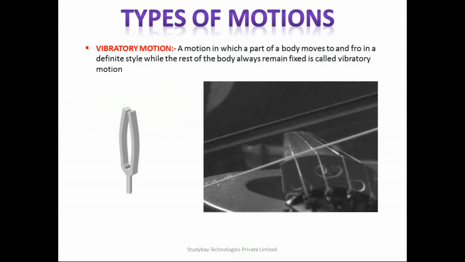Then we have something called vibratory motion. It's a motion in which a part of the body moves to and fro in a definite style while the rest of the body always remains fixed, and that's called vibratory motion. On the extreme left you can see a U-shaped object called a tuning fork.